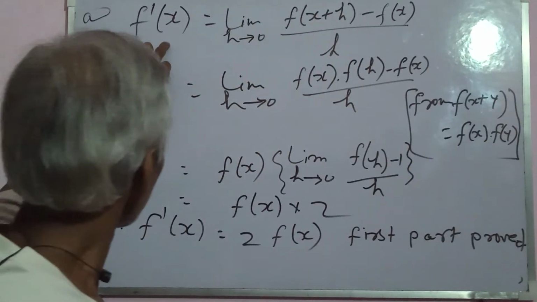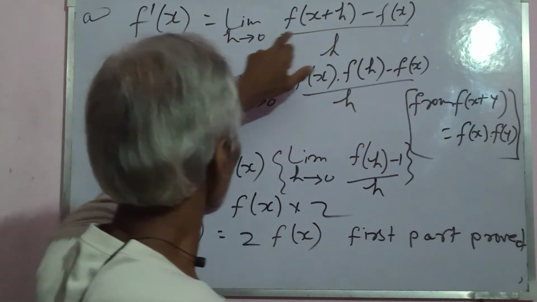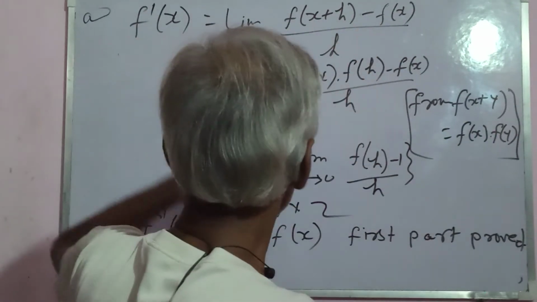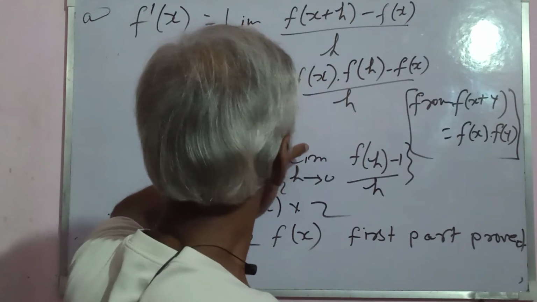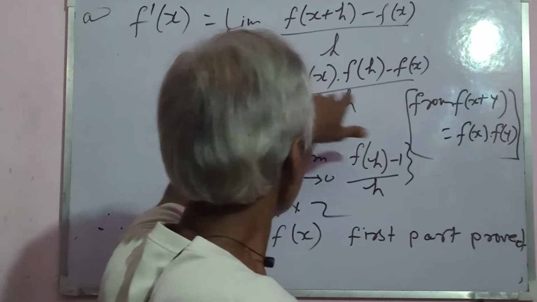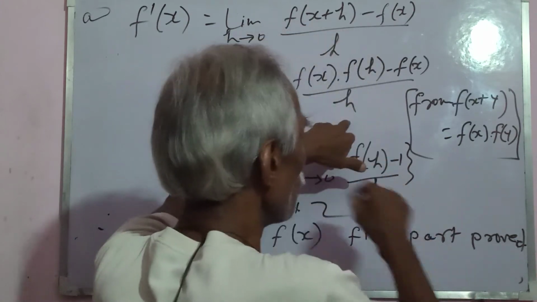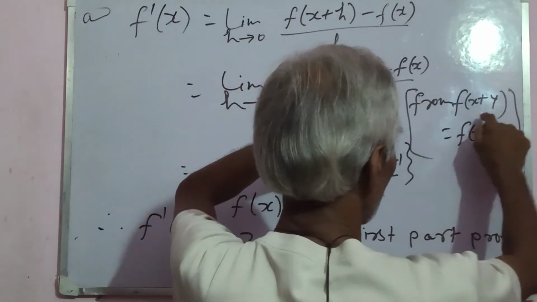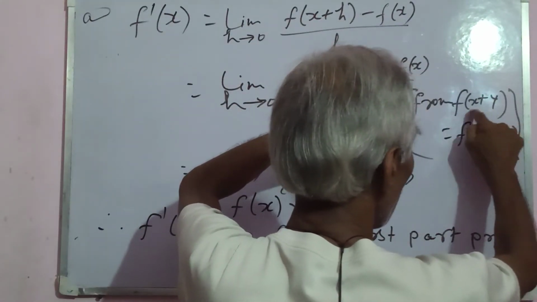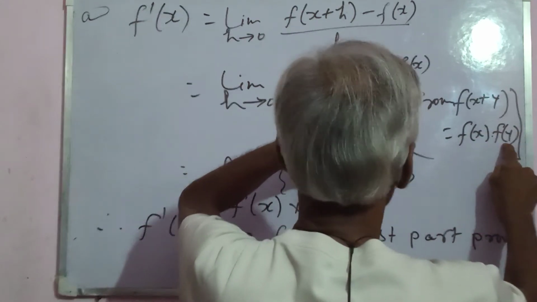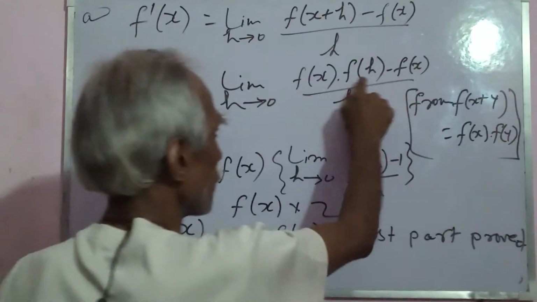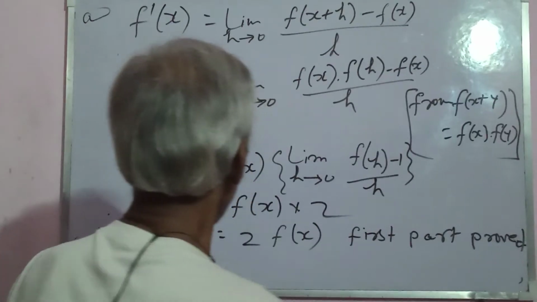And f'(x) is equal to the limit as h tends to 0 of (f(x+h) - f(x))/h, which equals the limit of (f(x)f(h) - f(x))/h. We know from the given condition of the sum, f(x+y) = f(x)f(y). In the same way, this term has been written.